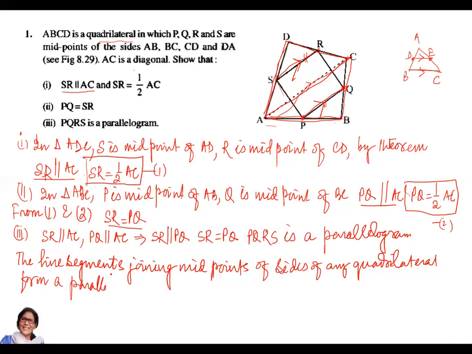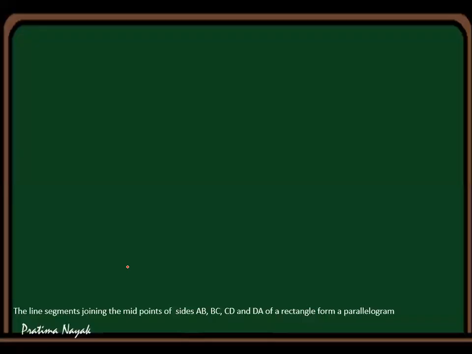So whenever we come to this situation, first we'll say that it will be a parallelogram, then we can go for others. So this is the result I have written below on the screen.